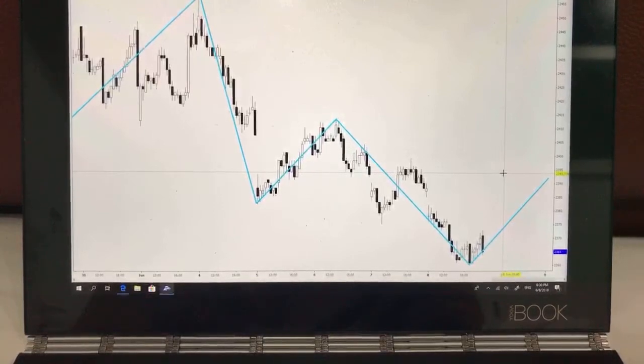The rule is sell when price rebounds in a downtrend, and buy when price retraces in an uptrend.